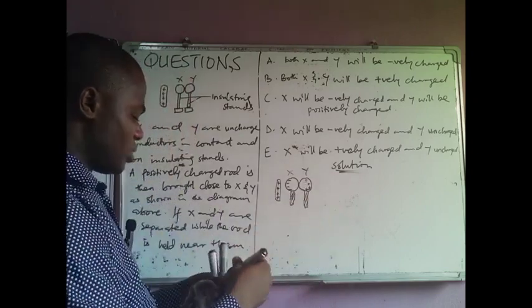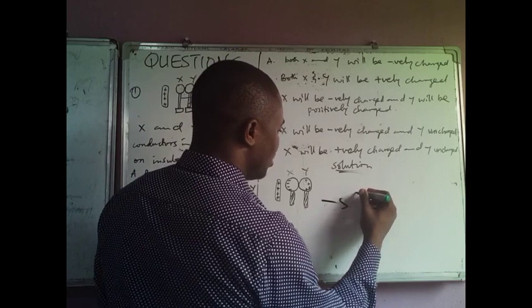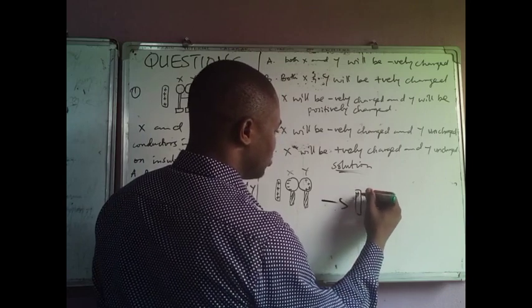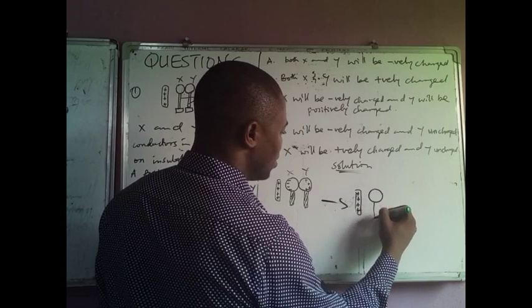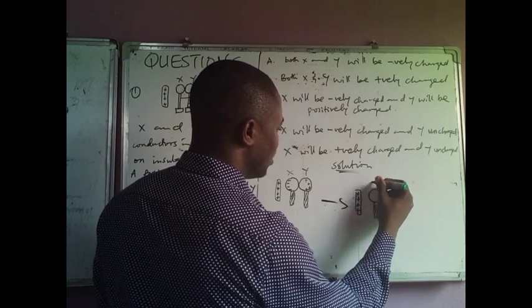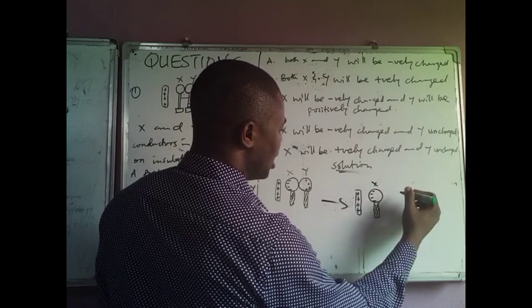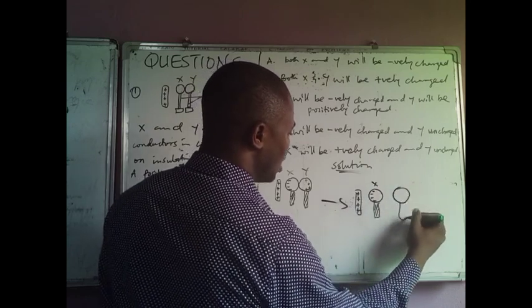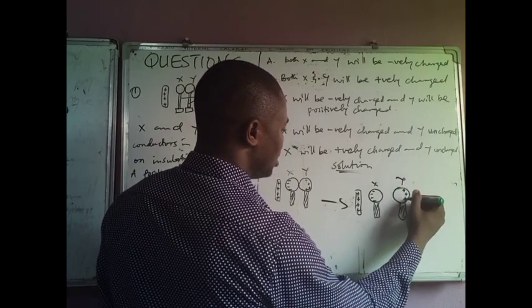So when you separate these conductors, this is what you are going to have. You have that body which is positively charged. Then you have the first conductor X negatively charged, and the second conductor Y positively charged.